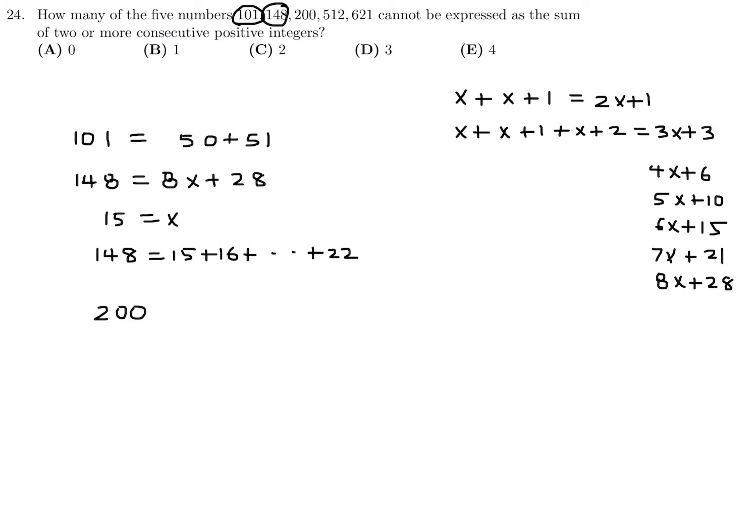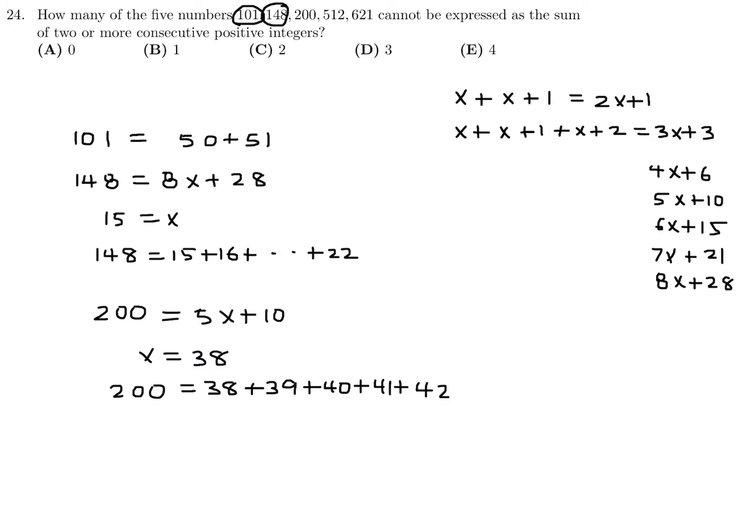Let's try 200. 200, again, after you fiddle around with this, you'll see that there's a solution for 5x plus 10. X will be 38. So 200 is equal to 38 plus 39 plus 40 plus 41 plus 42, like that. So 200 can be written as the sum of consecutive integers.